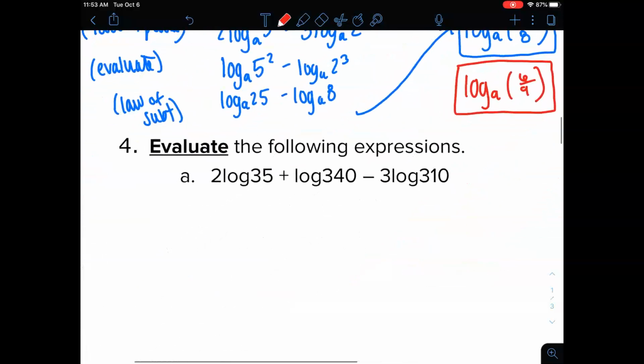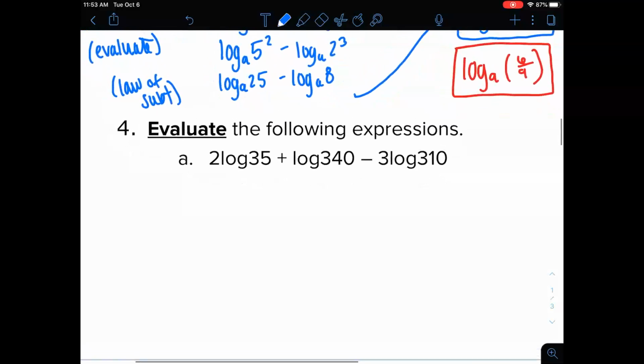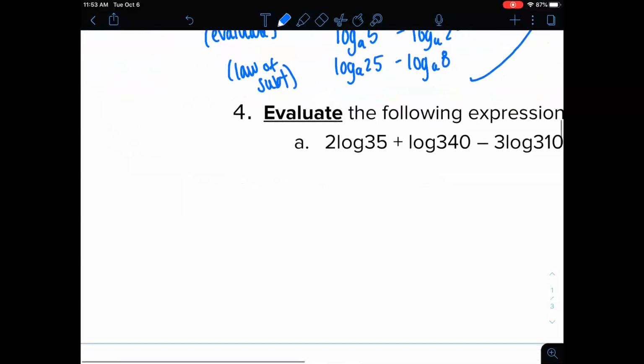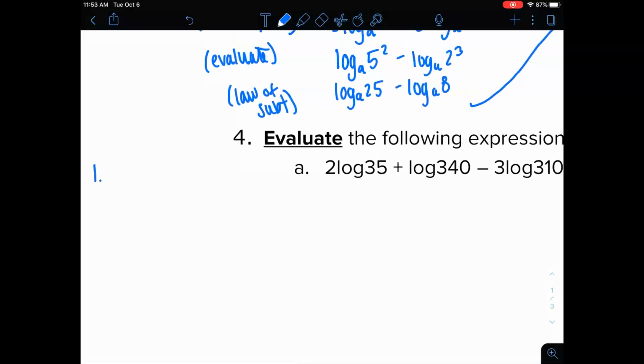Now, finally here for question number 4, we're kind of putting it all together. We have to evaluate the following expression. So the first thing that we're going to do is get this into a single logarithmic expression. That is the trick to this. So if I were to write steps here, it would be single log.